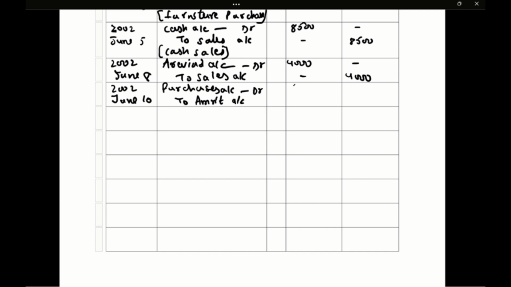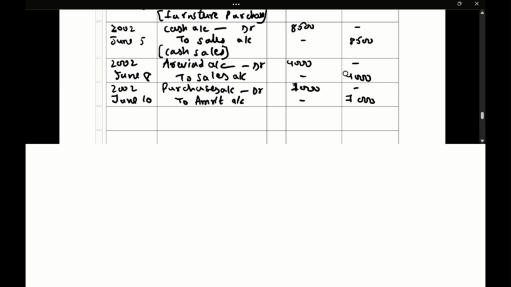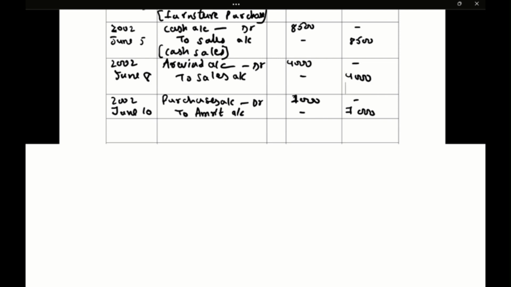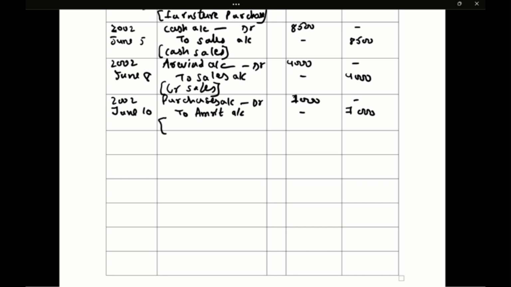So the amount is 7,000. So here the narration is credit sales. Here the narration is credit purchases.